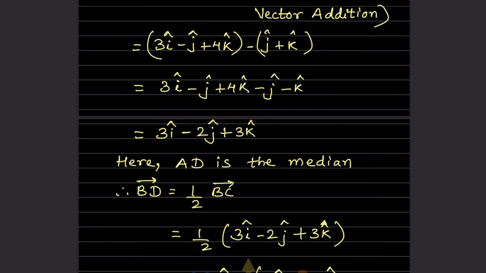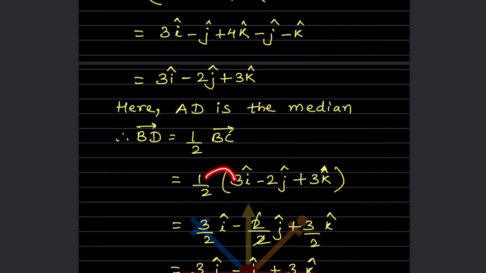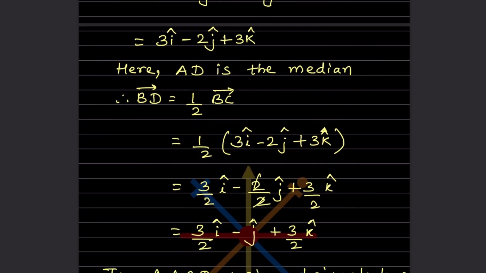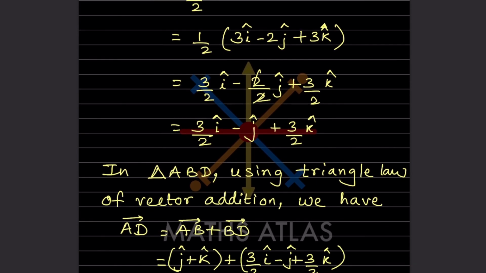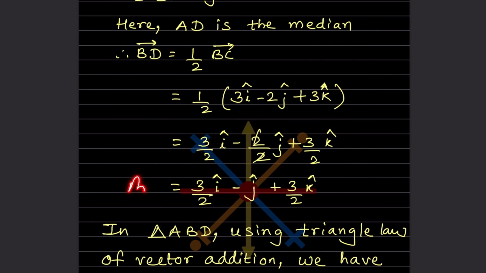So we are going to take half of it. When we expand this, it will be 3 by 2 i, minus 2 by 2 j, and plus 3 by 2 k. So now this and this go off. So 3 by 2 i minus j plus 3 by 2 k. This we got as BD.